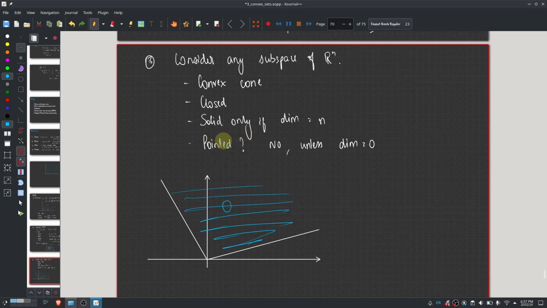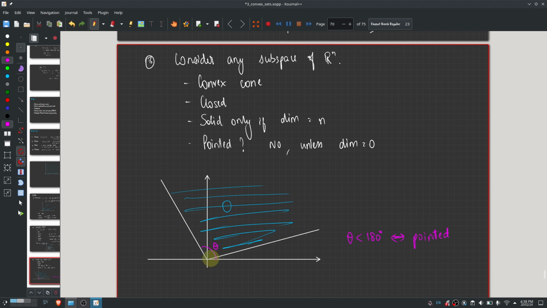That's both intuitive as well as by definition, right? As long as this angle between these two rays, I call this theta, as long as theta is less than 180 degrees, it's pointed. Because as soon as the angle is at least 180 degrees, I can find a non-zero vector x for which minus x is also inside the cone. Right?